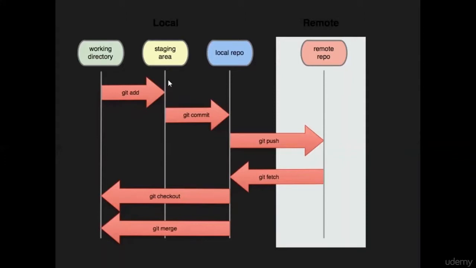From my working directory, I will use the command git add to add them into the staging area. Now, what is the staging area? The staging area is a testing area where we put all the code for testing purposes. If it works fine, we'll commit it as a final commit, and that will go into the repository. To understand the staging area, take the example of Amazon or Flipkart, where we add a product into the cart.